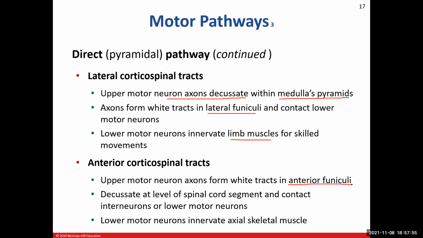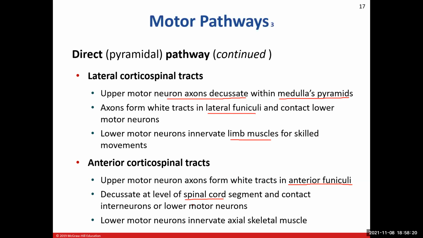And so it doesn't decussate in the brainstem. It's going to decussate in the spinal cord. And whatever level it decussates at in the spinal cord is going to be the level that it exits out of. So if it decussates and crosses over at T4, then it's going to leave through T4.